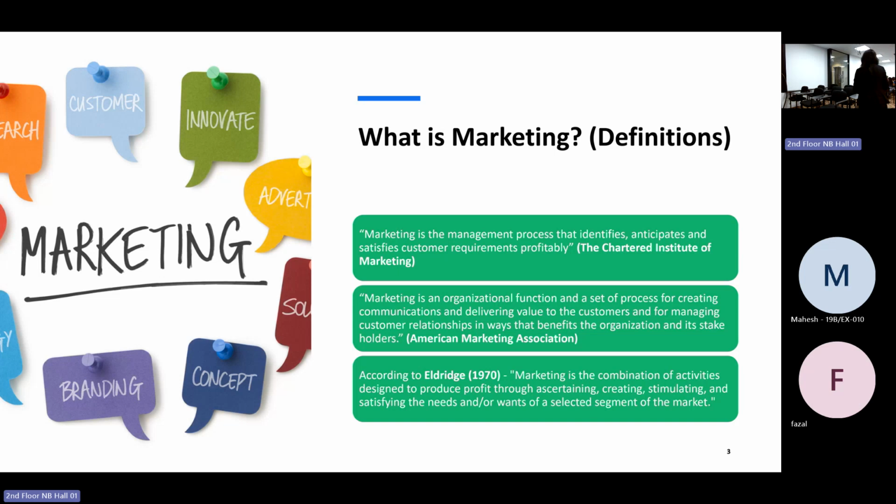According to the definitions, what key activities do you think come under marketing?